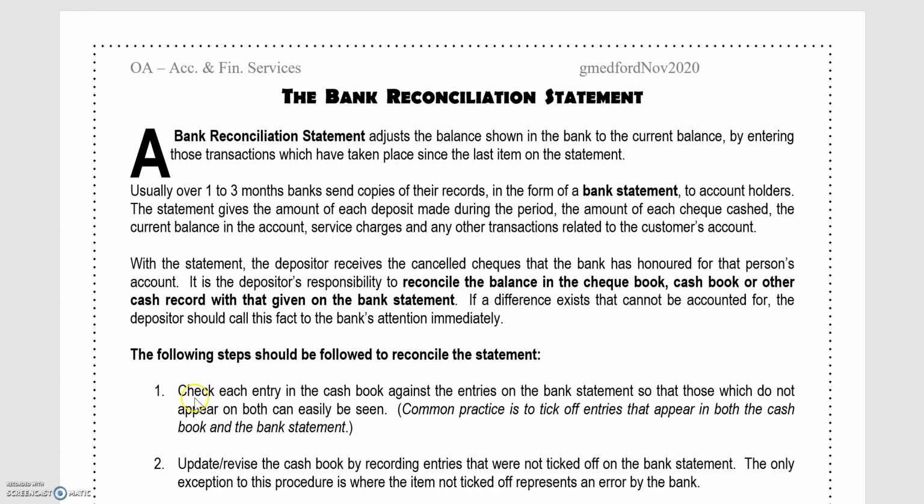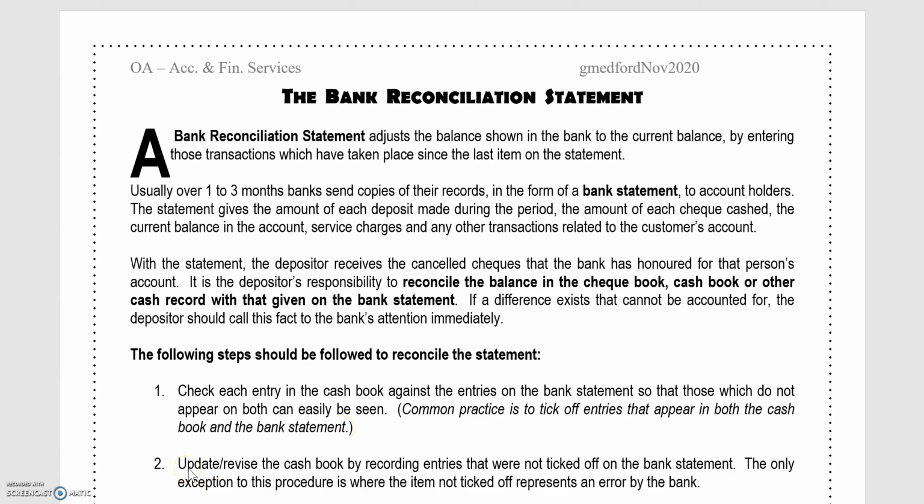So here we are going to check each entry in the cash book against the entries on the bank statement so that those which do not appear on both can easily be seen. And as we saw in part 2, common practice is to tick off entries that appear in both the cash book and the bank statement.